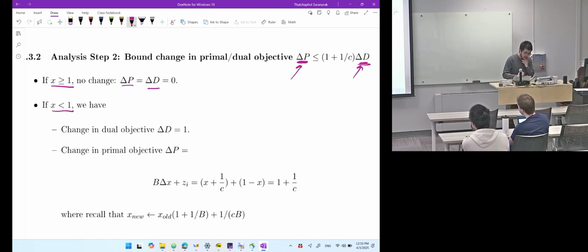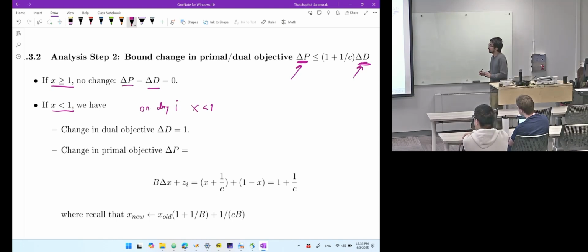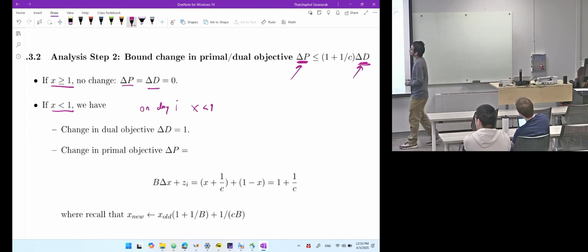But when x is less than 1, what do we have? Basically, if on day i, x is less than 1, what we do, right? First thing is that we just set the new yi to be 1. So the change in the dual objective is 1.